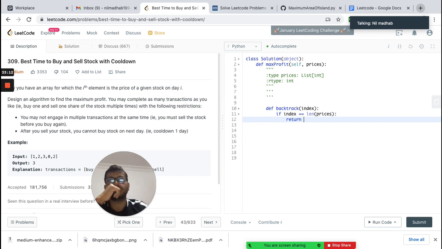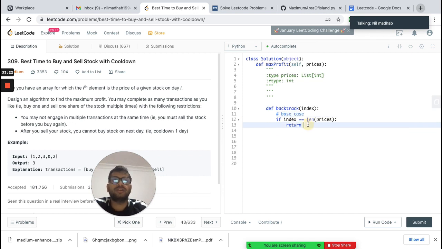Okay, this is the base case. And let's try to find the other cases. We also have to pass whether we need to buy or sell. So let's pass a boolean value, like is buy.